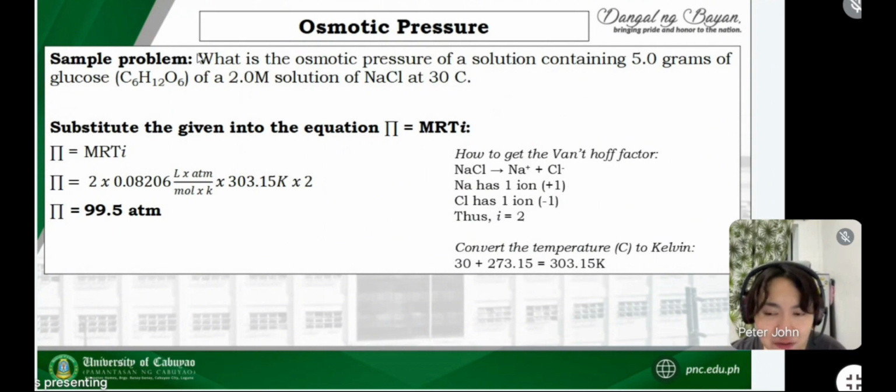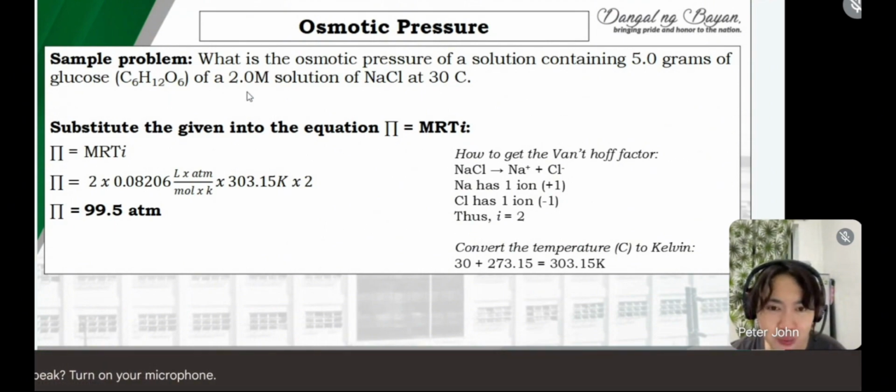And it's already given, the molarity of a solution. So, ang gagawin natin na lang is i-substitute sa mismong formula. Since everything is already given, all we need to do is to substitute na lang.